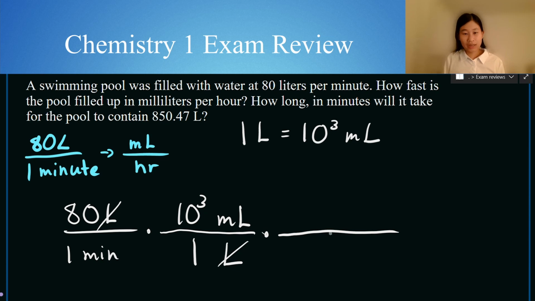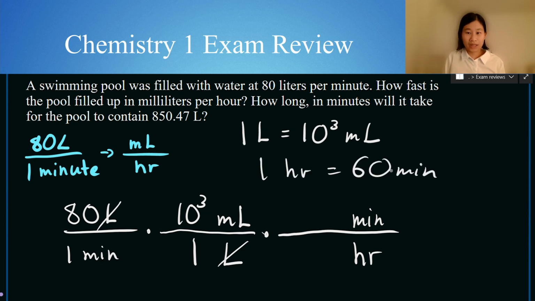So in this new fraction, this will help me convert minutes to hours. Minutes will go on the top because that's what I need to cancel out. Hours will go on the bottom. Okay, and let's see. So in 1 hour, I have 60 minutes. So I'll match up these numbers here, 60 for the minutes, 1 for the hour. Now minutes will go away, and I am left with ml per hour.